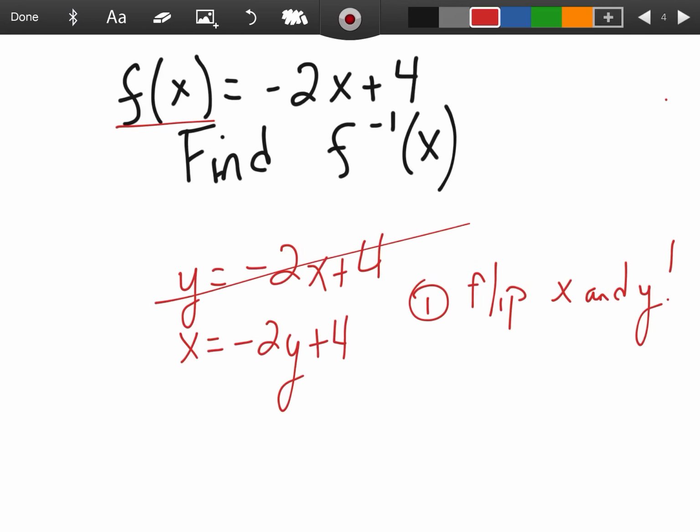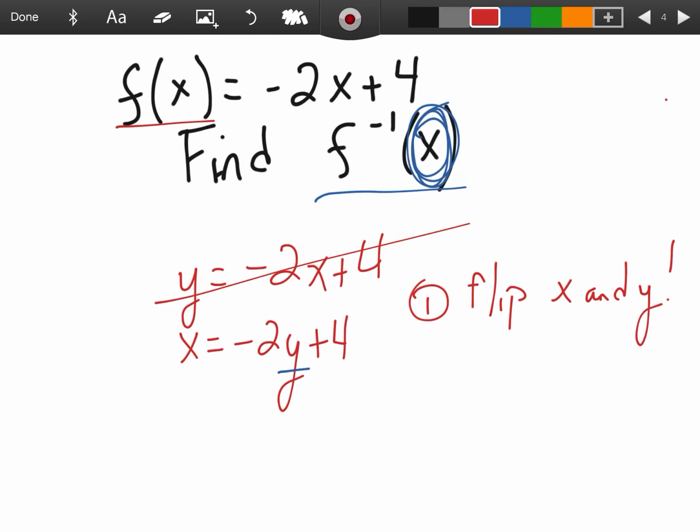All right, we can now ignore that. x equals negative 2y plus 4. Well, we look up here and we see it says inverse f of x. So that means our function needs to be a function of x. So what we're going to do here is solve for y in terms of x. And we'll just use inverse operations to do that.